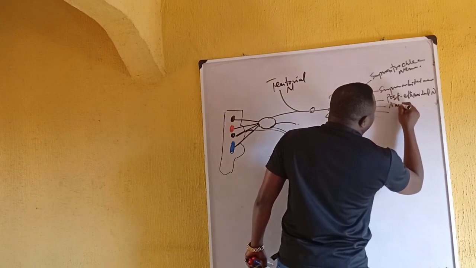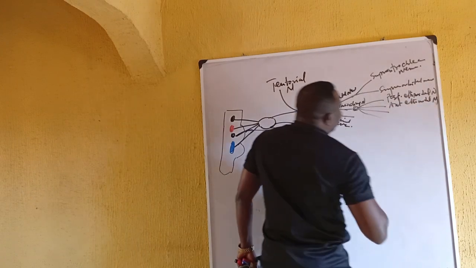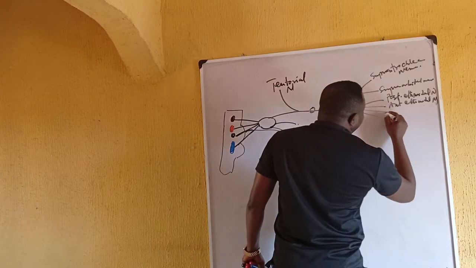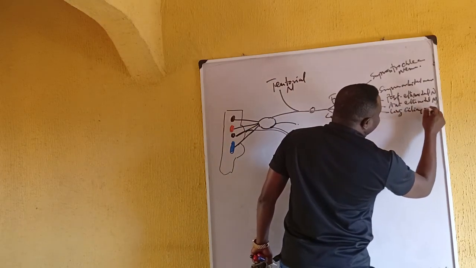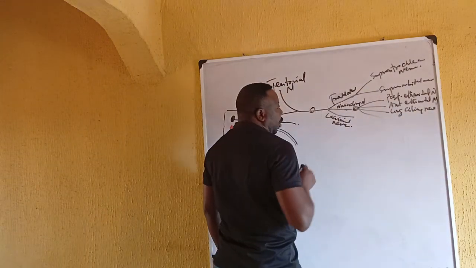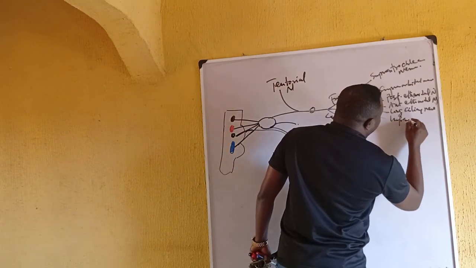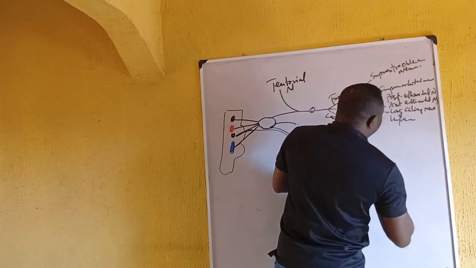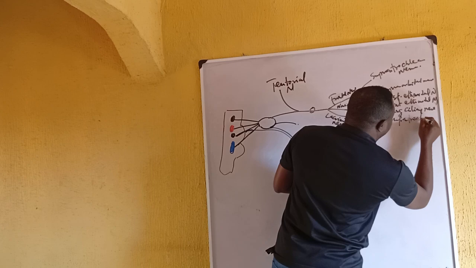We have the anterior ethmoidal nerve. We have the long ciliary nerve, and then we also have another one which we call the infratrochlear nerve.